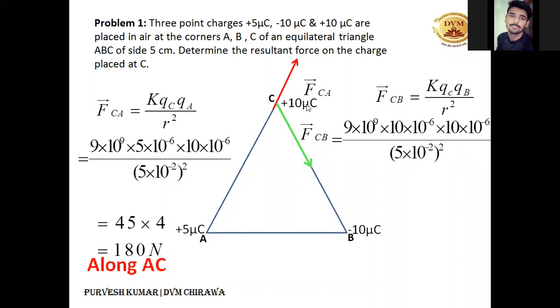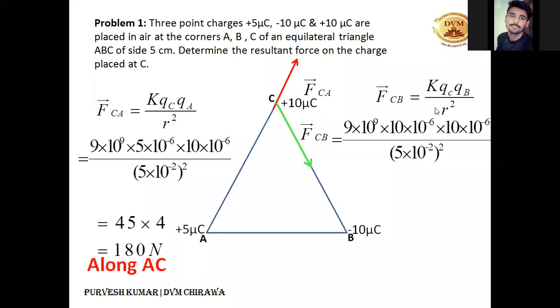And in place of QB, it is again 10 microcoulomb, that is 10 into 10 to the power minus 6. Please note that we should not be writing the sign of QB. Why so? Because it is for the direction, and that direction we have already taken from C to B.